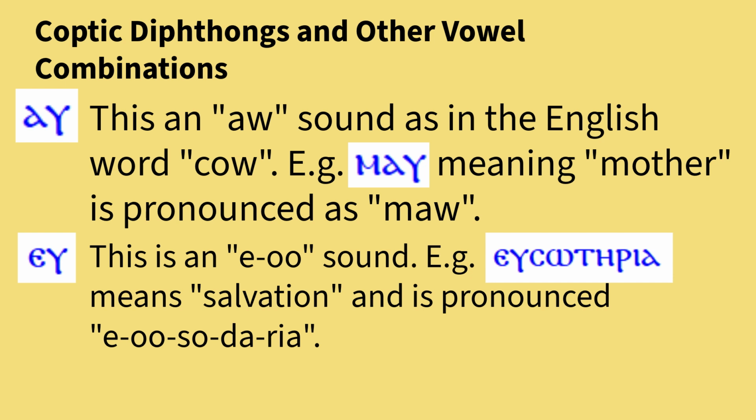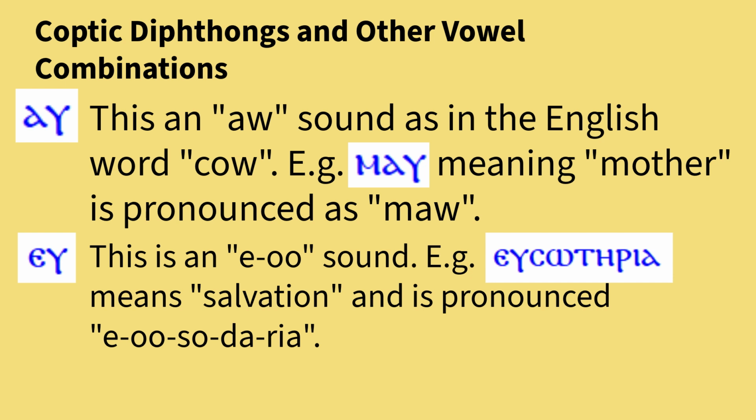So we now move on to the final section, Coptic diphthongs and other vowel combinations. The first one we have is alpha epsilon. This is an ow sound, as in the English word cow. An example word is mau, meaning mother.